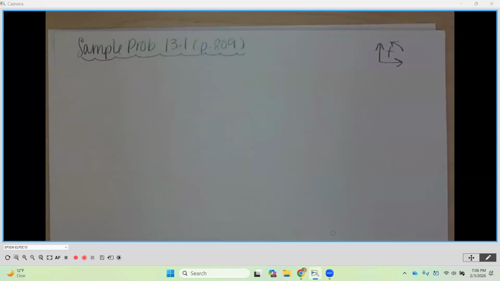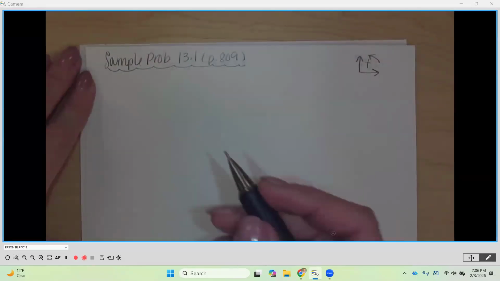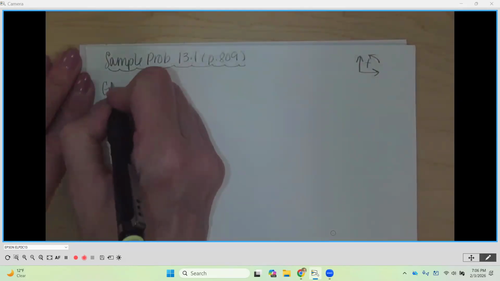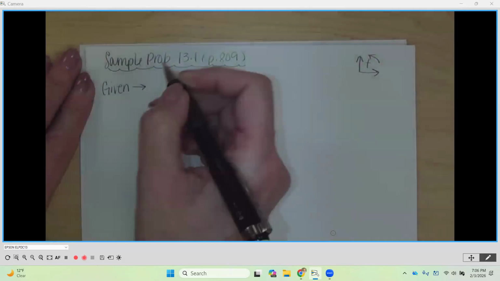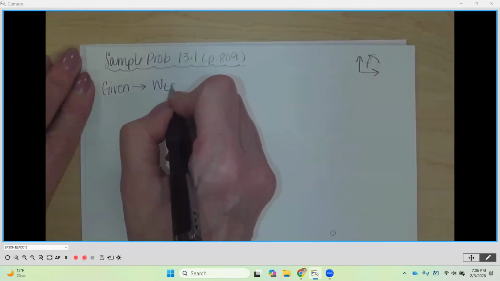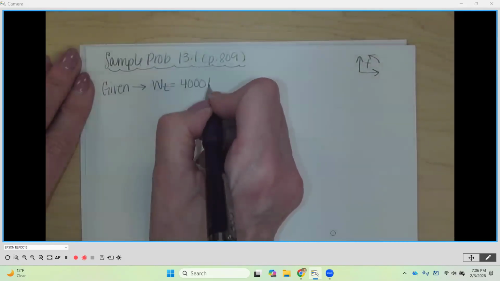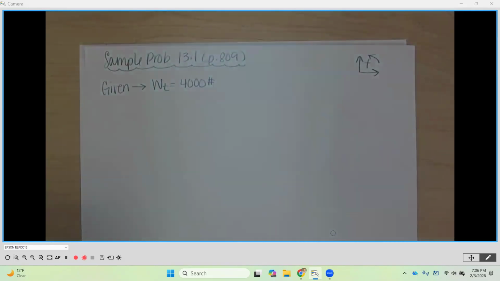I'm going to put our standard convention in the upper corner, and our givens are the weight of our automobile, 4,000 pounds.